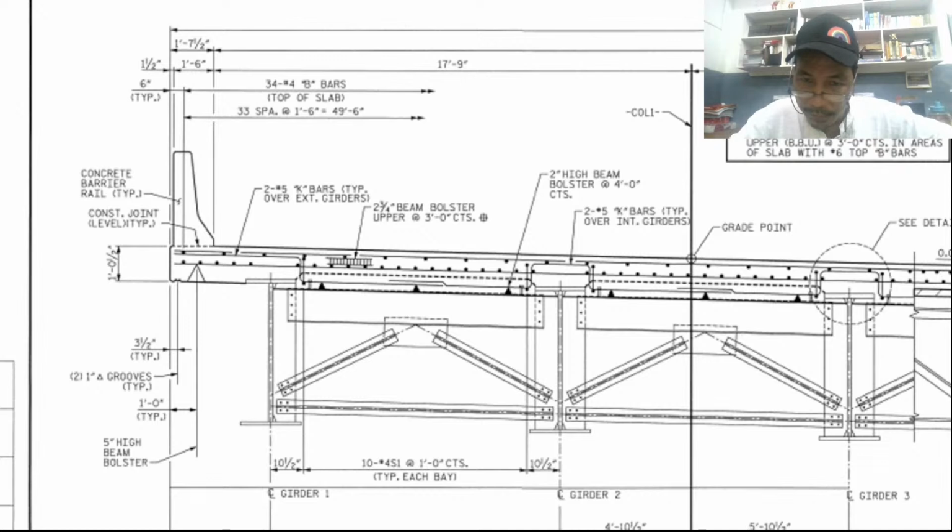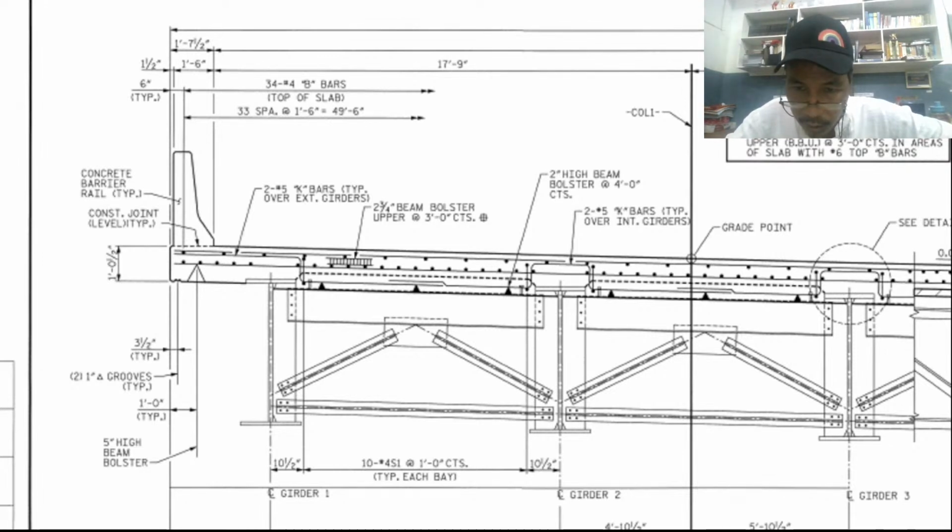So they are both beam bolster. So this is high beam bolster. This one, this one, this one. So this black triangular part, those are high beam bolster. Now to number 5. What is this? K bars, typical over int girders.